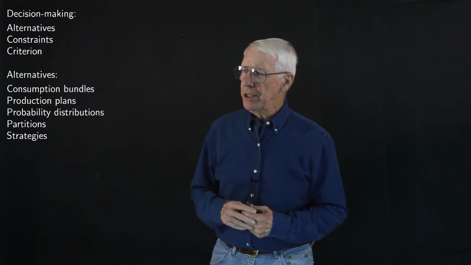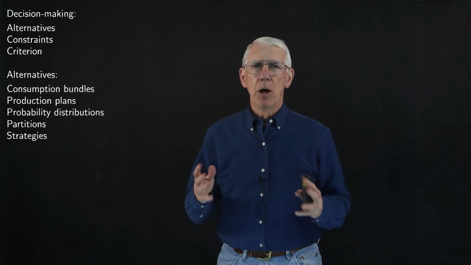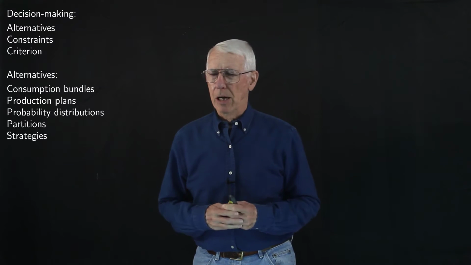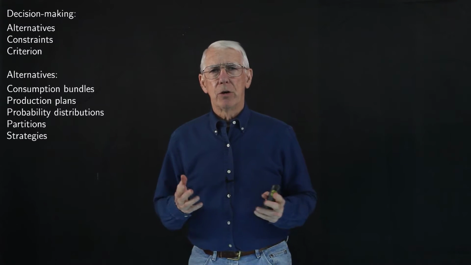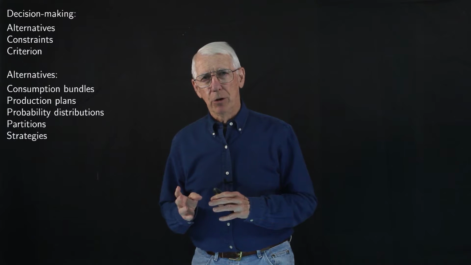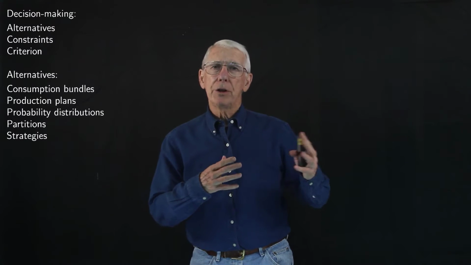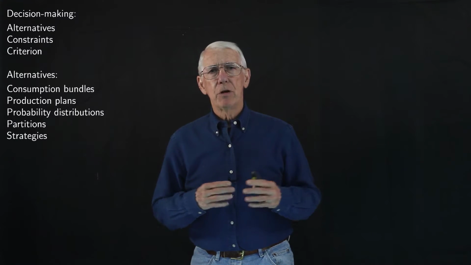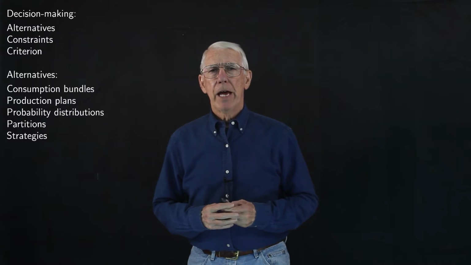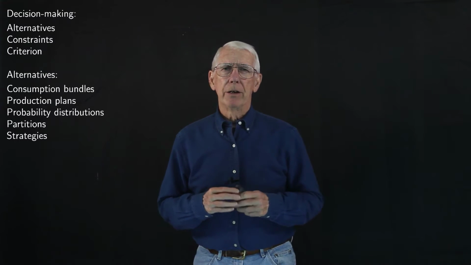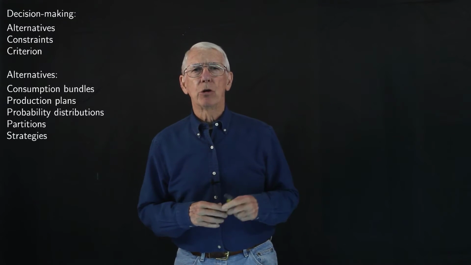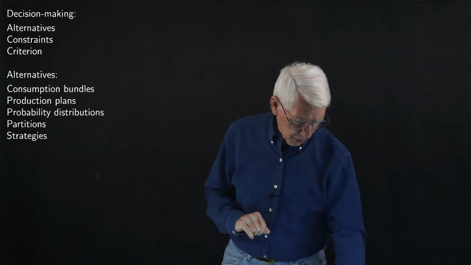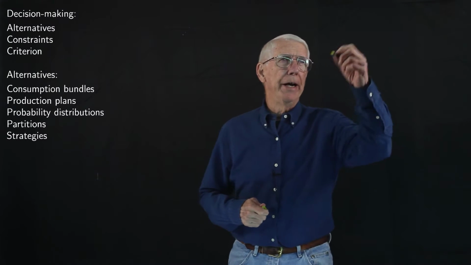The first one in this list is, of course, the most familiar to all of us as economists, the consumer theory problem, where the consumer is going to choose a consumption bundle from a set of alternative consumption bundles, and we model these alternative consumption bundles as n-tuples in Rn, or as points in Euclidean space, if you like. And so let's actually draw a quick picture of what's going on there.